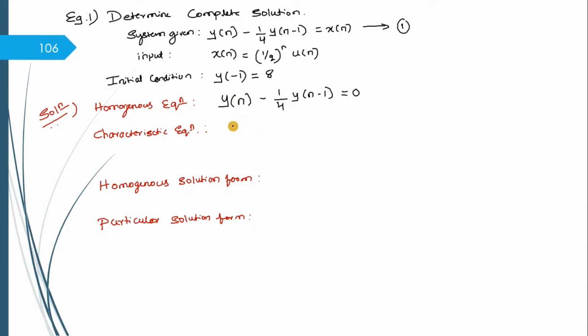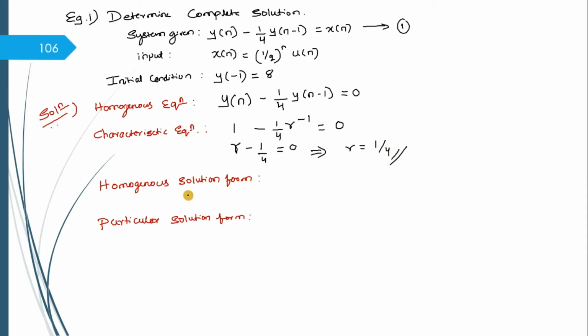So here k is 0, so I write r raised to 0, which is 1, minus 1 by 4 r raised to, here k is minus 1, so minus 1. Okay, so this is equal to 0. Or else I'll multiply by r throughout. So I get r into 1 r minus 1 by 4. r into r raised to minus 1 is 1. So you will get r is equal to 1 by 4. There is only one root.